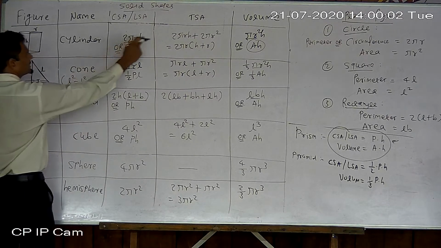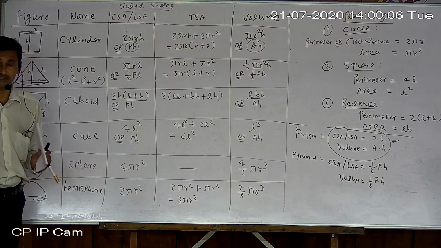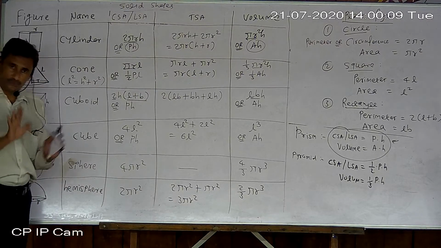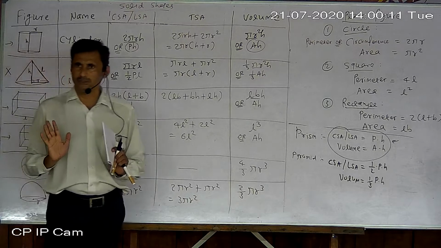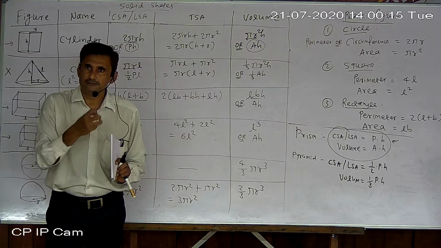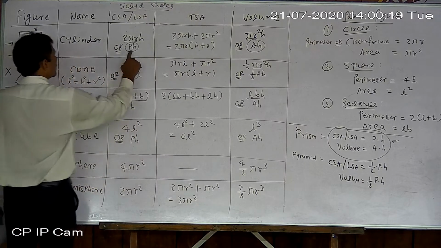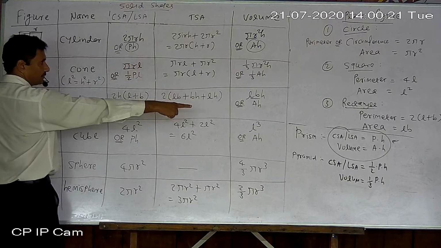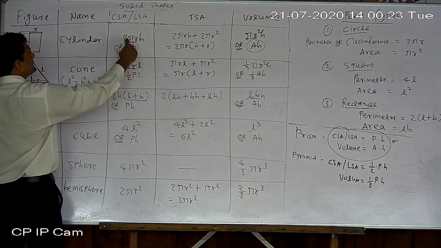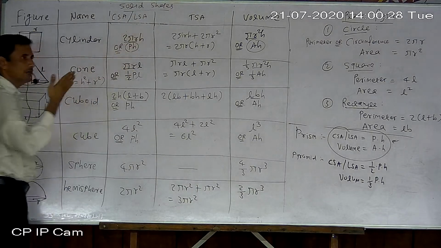So 2 pi r h. Don't just remember where the 2 pi r has come from, but look at its base and see where it is derived from. P into H is the general formula of any prism. So P here is the circumference of the circle, 2 pi r, into height.